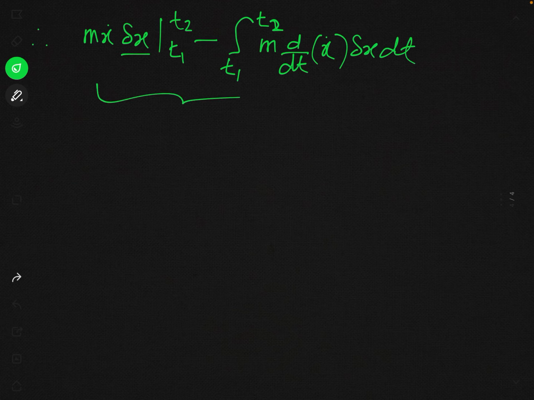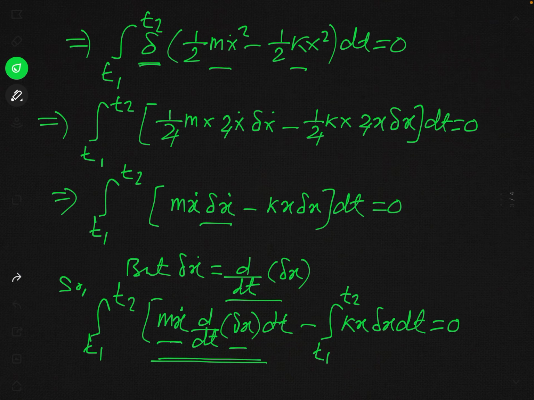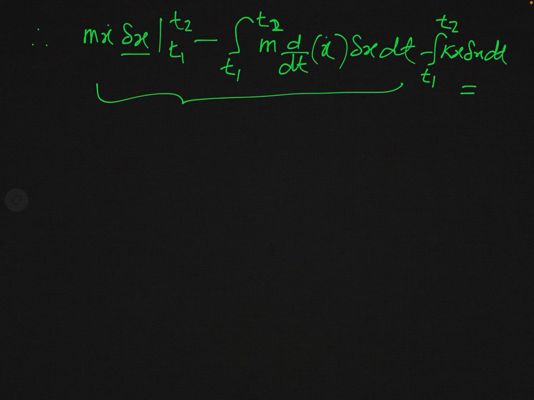Actually this result has been written in place of the first term by using the rule of integration by parts. And now write exactly the same second term here, and you can see this will be minus the integral from t1 to t2 of kx times delta x dt, and this is equal to 0.